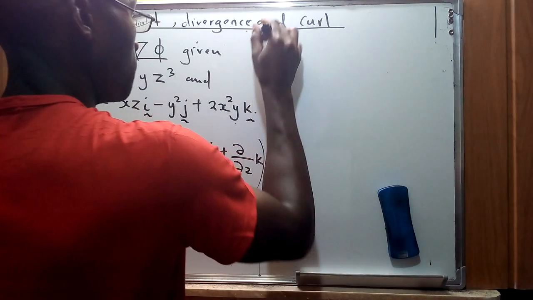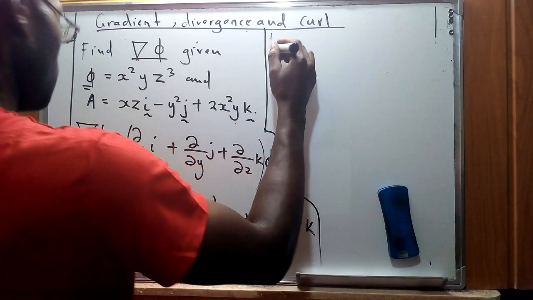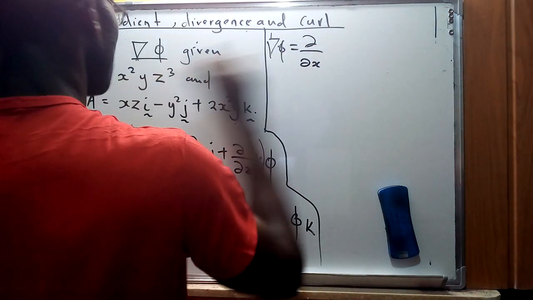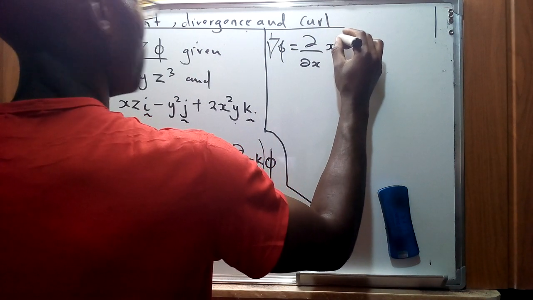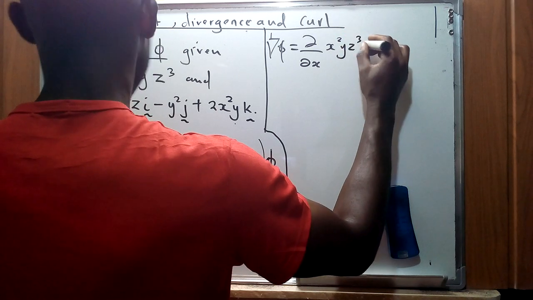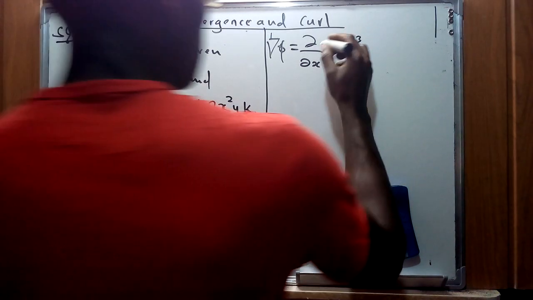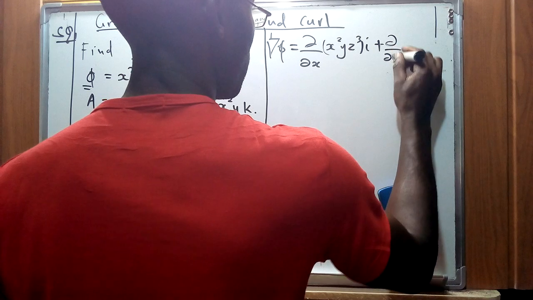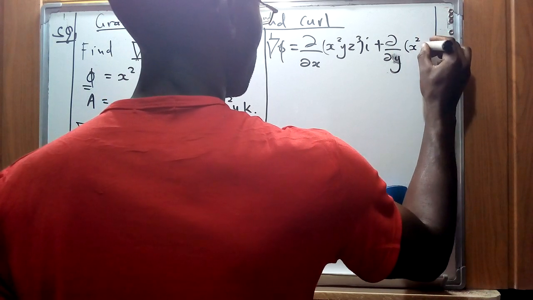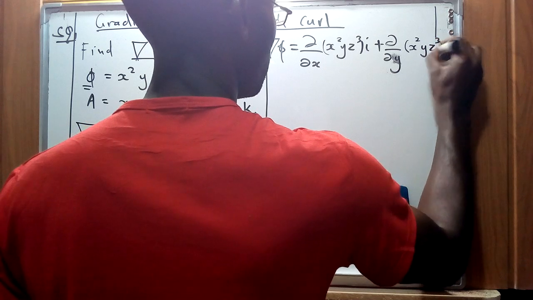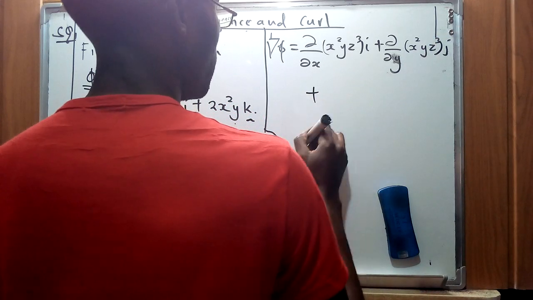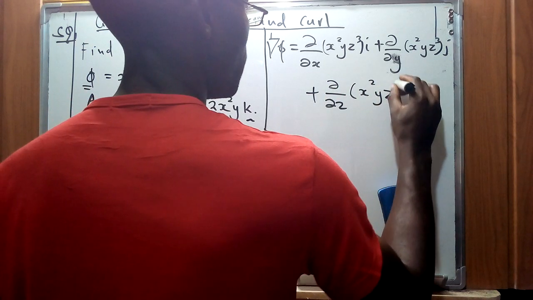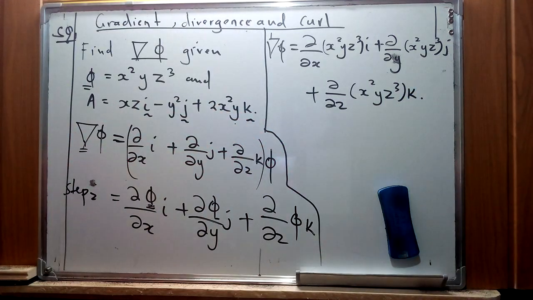To minimize this space, my handwriting is big, so we have del phi given as d/dx of x squared y z cubed, that is going to represent the i component, plus d/dy of x squared y z cubed, this is for j, and then plus d/dz of x squared y z cubed. So basically this is what this one implies.